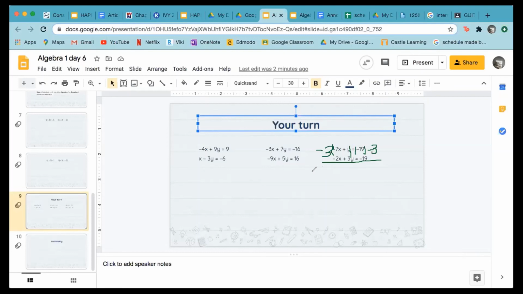Okay, here, let's put negative 3 times negative 7 gives you positive 21x. Negative 3 times positive y gives you negative 3y. Negative 19 times negative 3 gives you positive 57, right? Right.